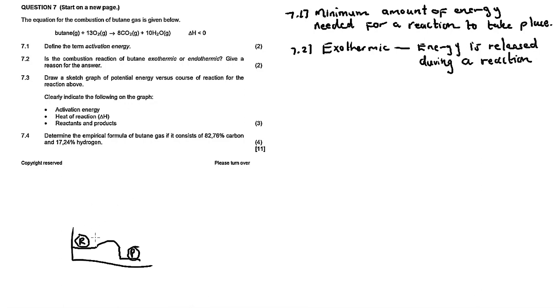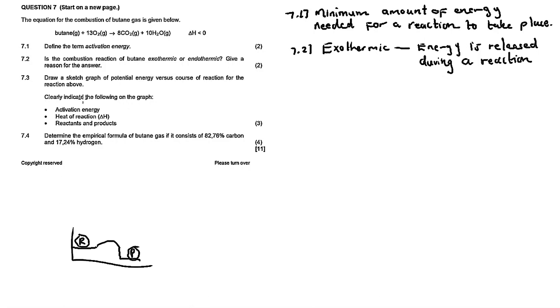Exactly, the reaction is releasing energy. So the reactants will have more energy than the products. So this is the shape of the curve for the potential energy versus course of reaction graph.